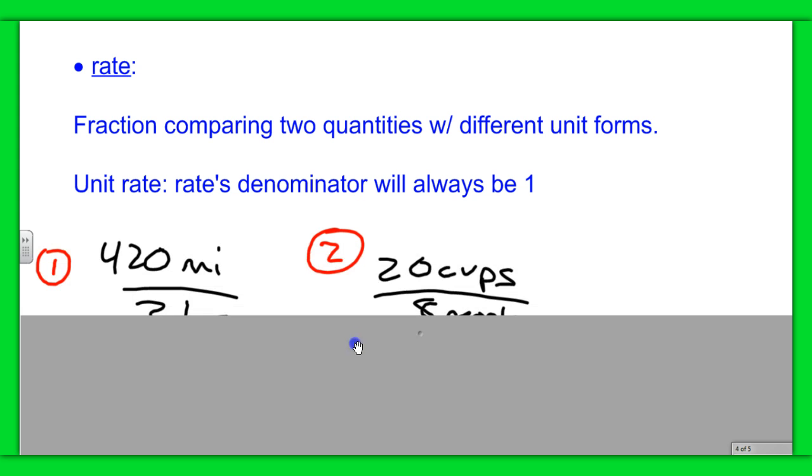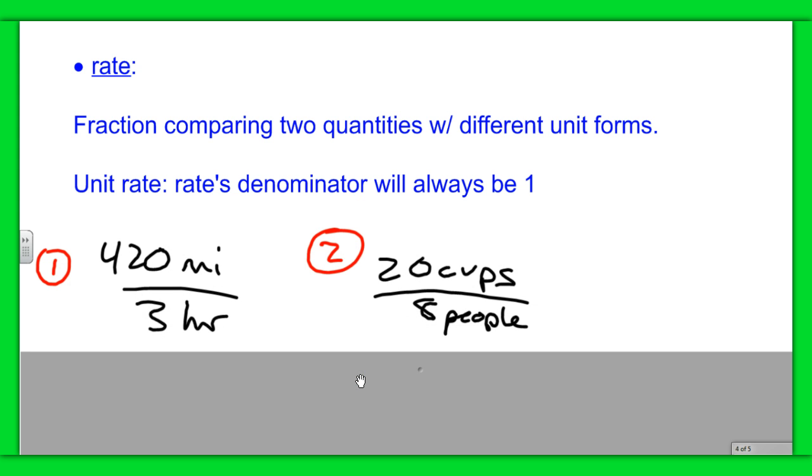So let's see, can you take these rates that are not unit rates and convert them to unit rates? I drove to school at 420 miles per 3 hours. So really, how fast was that?